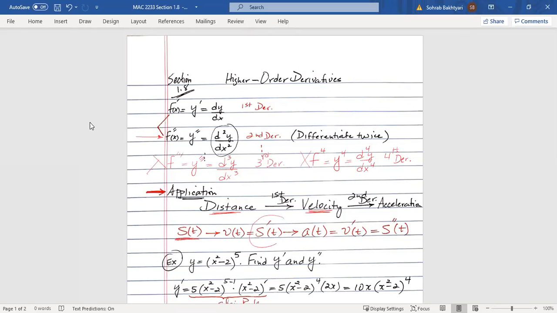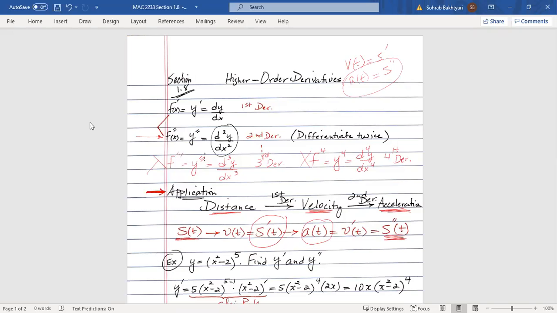Velocity is the first derivative. They may ask you to find the acceleration, which is a of t. It's the second derivative. So velocity is the first derivative. Acceleration is the second derivative. So that's an application of higher order derivatives.